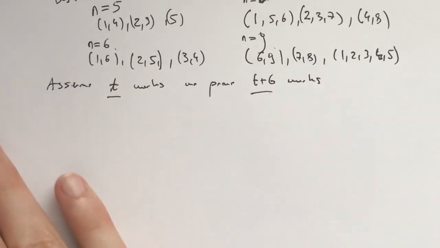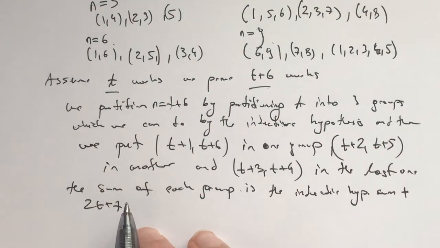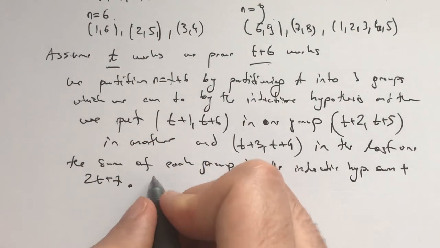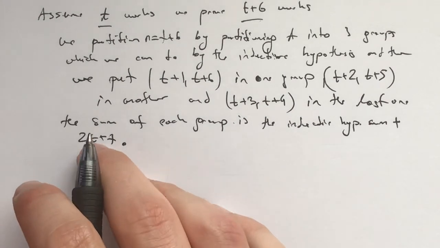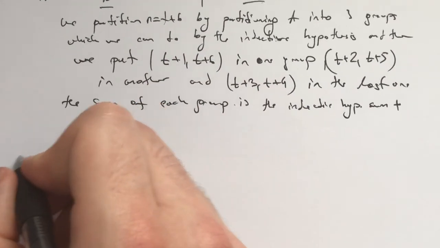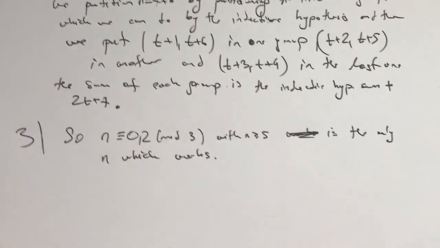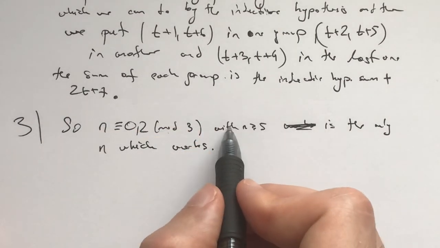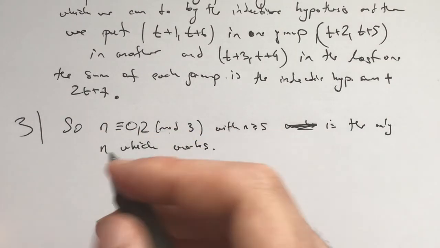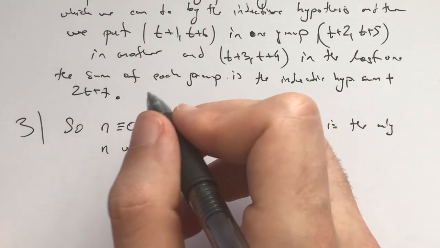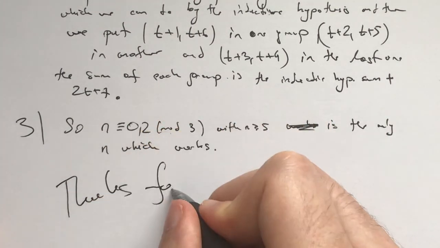And the way we partition this is, and we write this down, and now this means that all the sums are equal. And here we conclude finally that n congruent to 0 or 2 mod 3 with n greater than or equal to 5 is the only n which works. This solves the problem, and as always, thanks for problem solving.